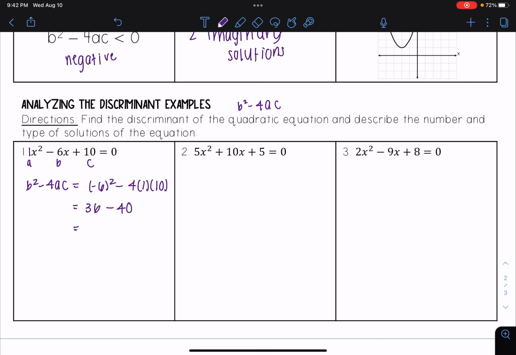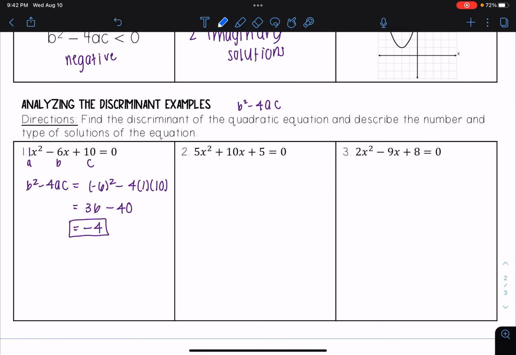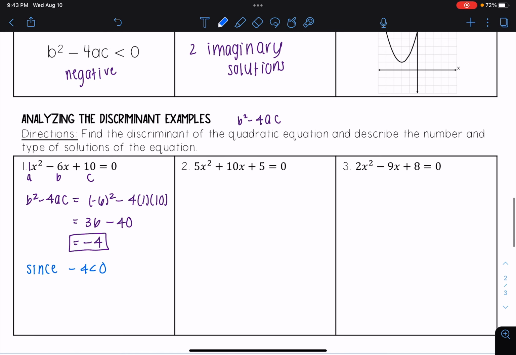And 36 minus 40, I get negative 4. So my discriminant here is negative 4. And now since negative 4 is less than 0, in other words, negative, we see in our chart right here that this is going to have two imaginary solutions.